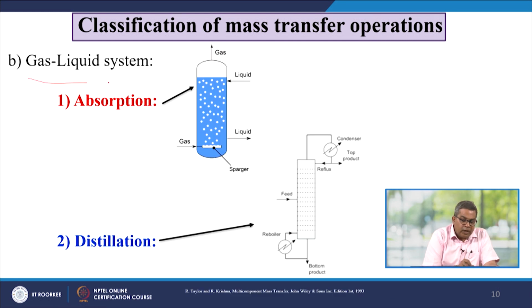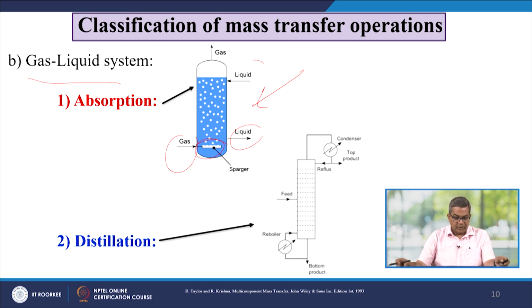Then the gas-liquid type of system, absorption. Here you have a gas-liquid system with a disperser. One example is a solute changing from the gas phase to the liquid phase: a mixture of ammonia and air, with water in the liquid phase.